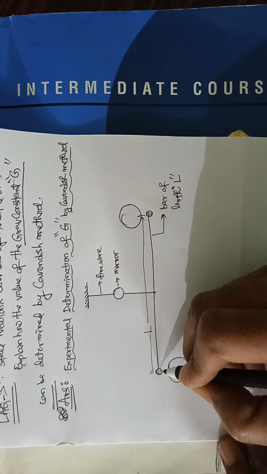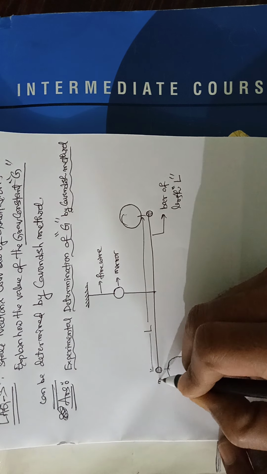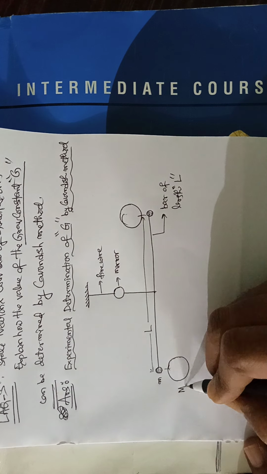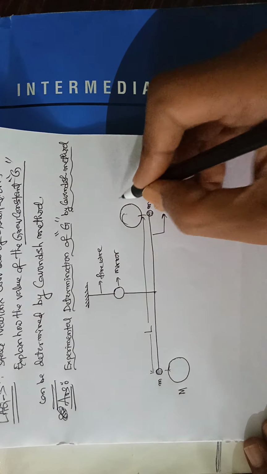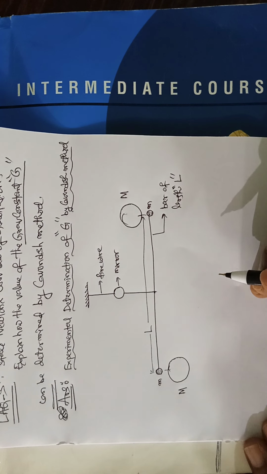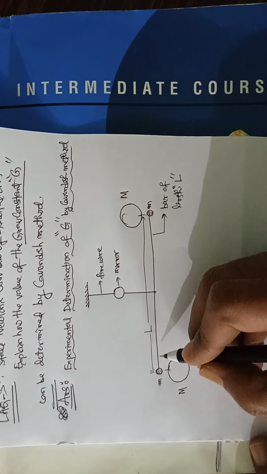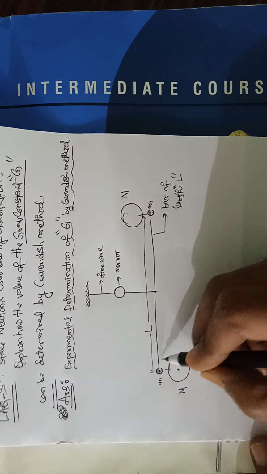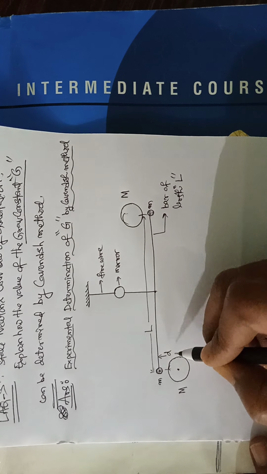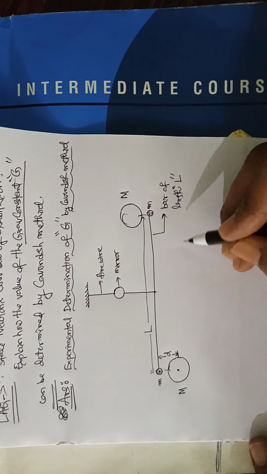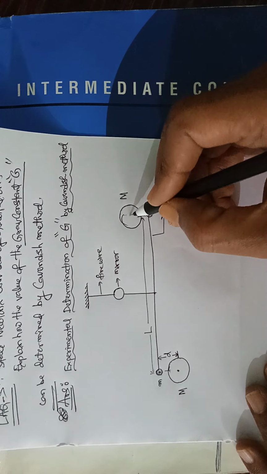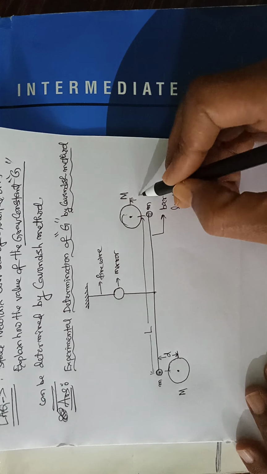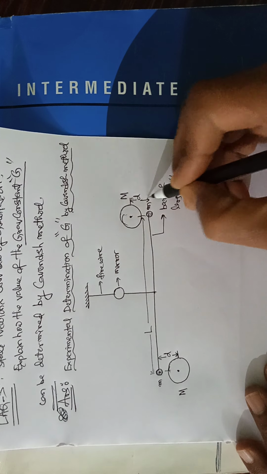Say the mass of the small lead sphere is m, and the mass of the large lead sphere is capital M. The distance between these two be d. Here also the same, d.